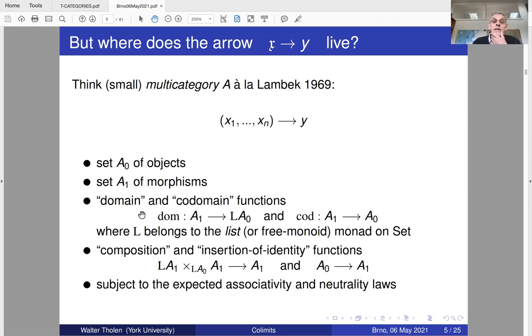It has domain and codomain functions, where the domain goes from the morphisms to lists of objects. And then you have composition, which is quite clear. If you have one morphism and each of these objects is a codomain of another morphism, then you have a string of lists up here, which you can combine by the monad multiplication of the list monad, and you get a single morphism.